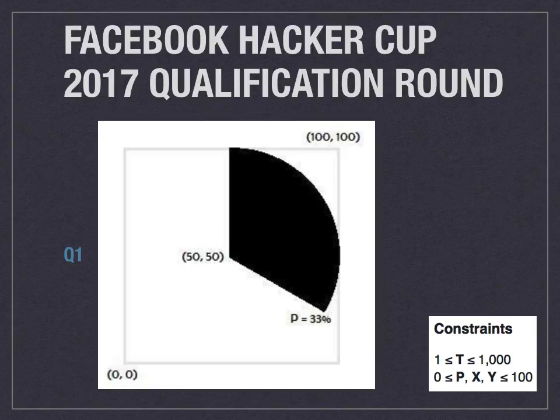It is as follows. First, we know that the center point is 50, 50. And if you are given any point, if you calculate the absolute distance between the given point and the center 50, 50, you can find out its radius.